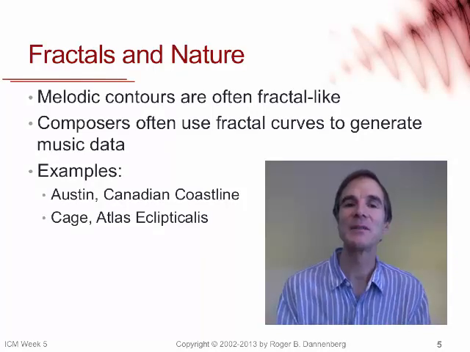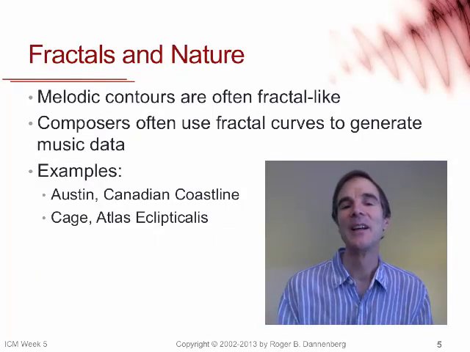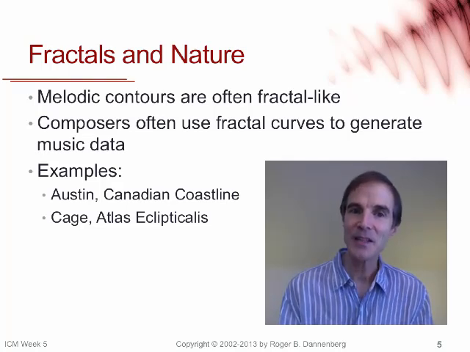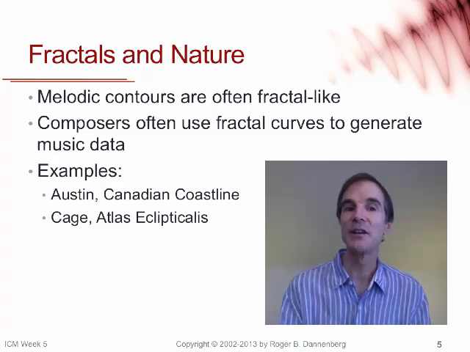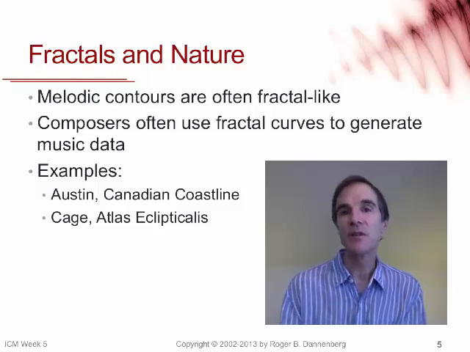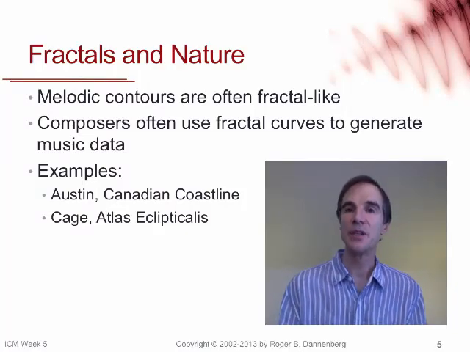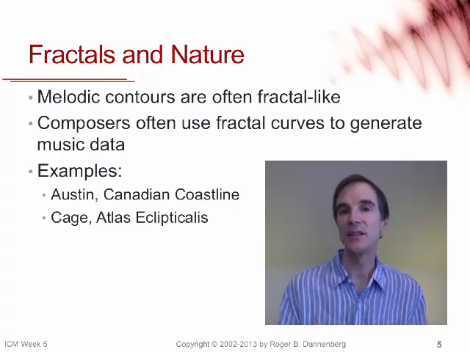I know that's pretty abstract, but the main point is that you can use fractal curves to generate music data, and because fractals arise in nature, we can take a lot of material from nature that has fractal-like curves.